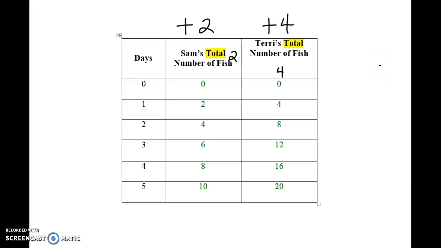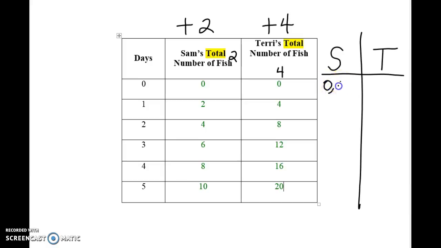So one set of ordered pairs, let's talk about the ordered pairs for Sam, and then let's talk about the ordered pairs for Terry. What would the ordered pairs be for Sam? Remember, it focused on the day and the number of fish that just Sam caught, because I'm just focusing on Sam. Anna? 0 and 0. Mm-hmm.